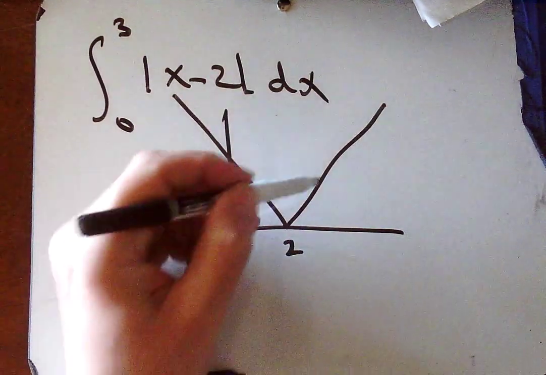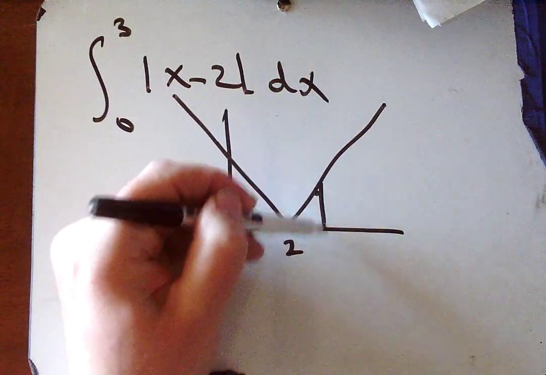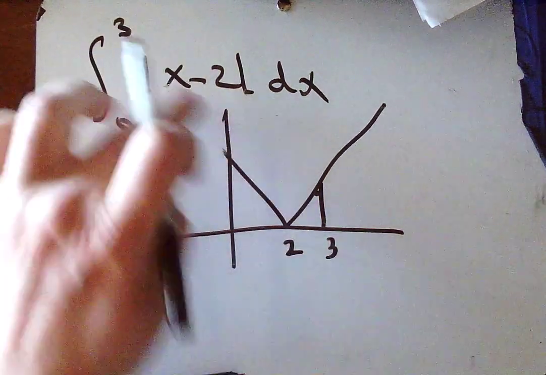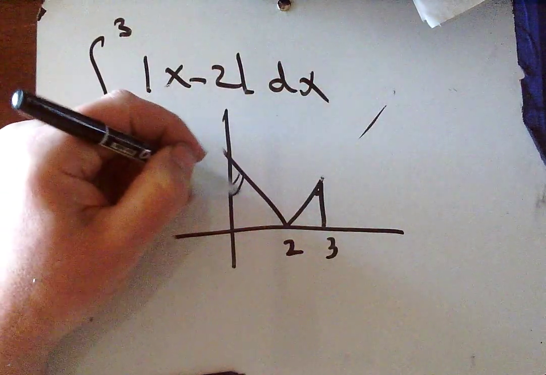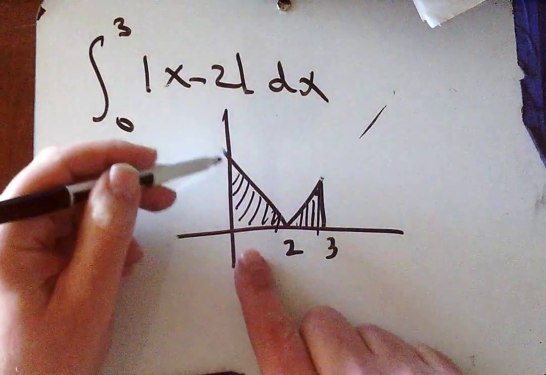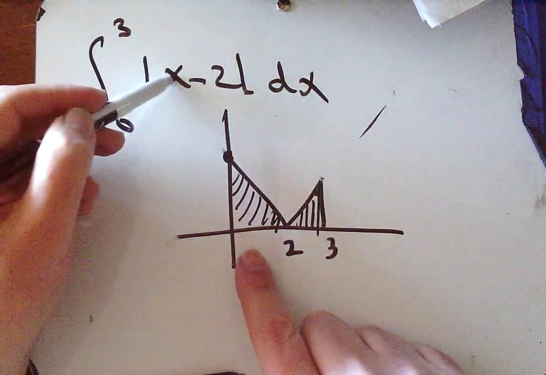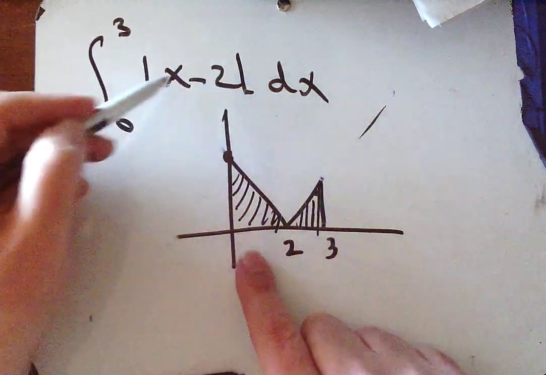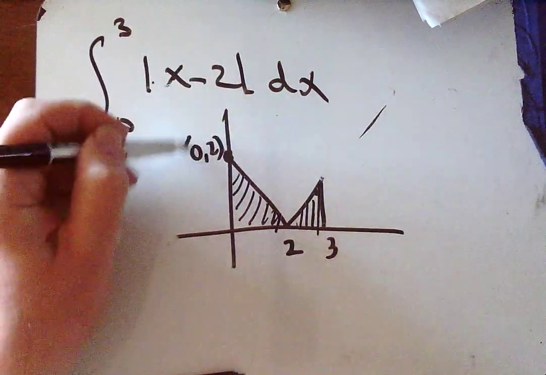So, here's 2, here's 3, and we'd like to find this area. What's my height over here at 0? If I plug in a 0, the absolute value of negative 2 is 2, so this is 0, 2.